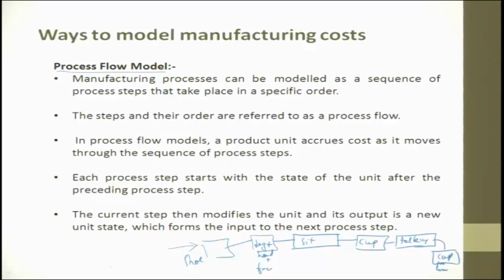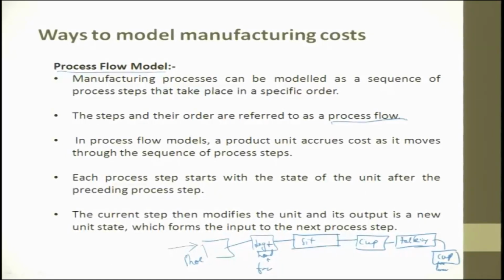Okay. The process is established, the sequence is established, you can follow the same sequence all the time, you can even jump over the sequence and execute the process. In manufacturing also it is the same. A manufacturing process can be modeled as a sequence of process steps that takes place in a specific order. The steps and their order are referred to as a process flow.